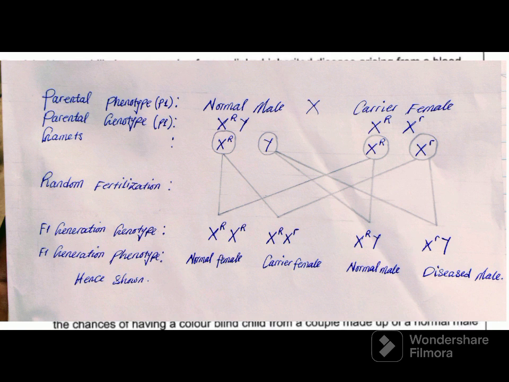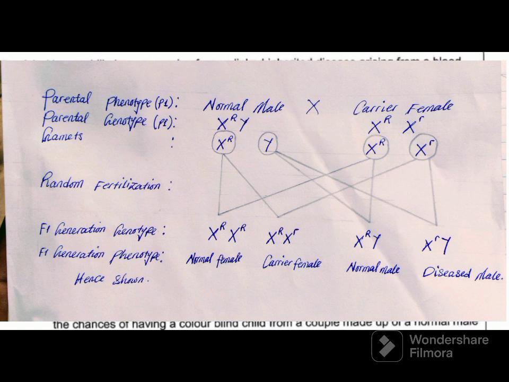Now let us describe here the F1 generation phenotype. This genotype, which is X to the power capital letter R, X to the power capital letter R, describes that this offspring is a normal female.